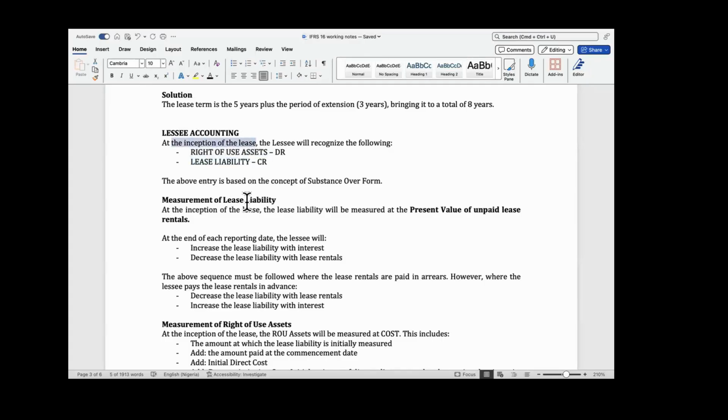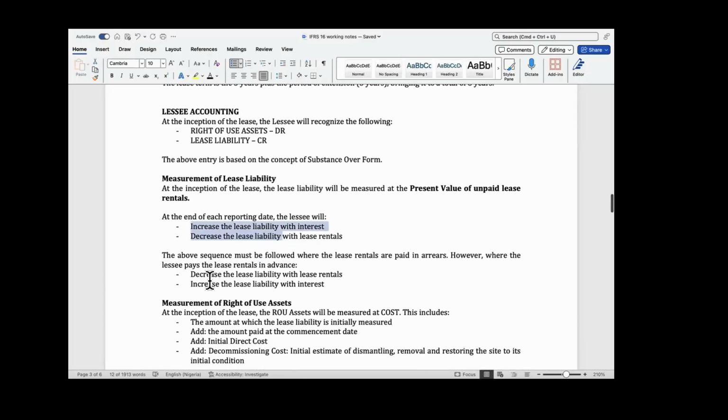The lease liability he measures initially at the present value of the unpaid lease rentals, and at the end of the year, you would add interest to account for time value of money, and you will also decrease the rent that is paid every year. And this is applicable in this order where the lease rental is paid in arrears.